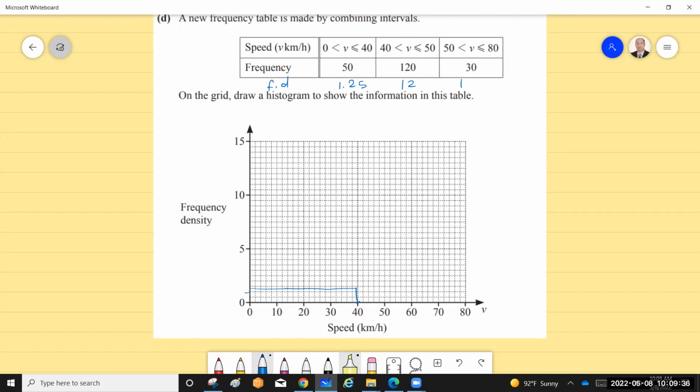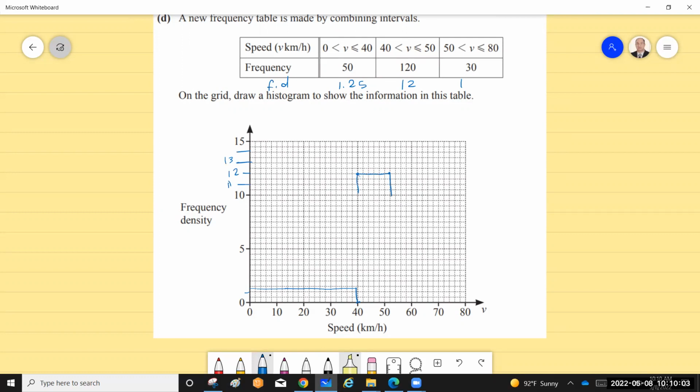How can I get the 12? As I told you, each 2 millimeters represent 1. So this is 11, this is 12, this is 13, this is 14. Where is the 12 here? At this point. So you just draw the second bar. Okay, you can continue drawing.